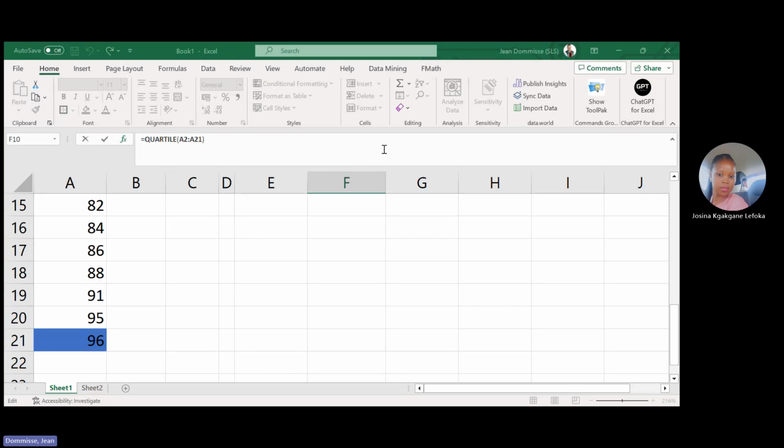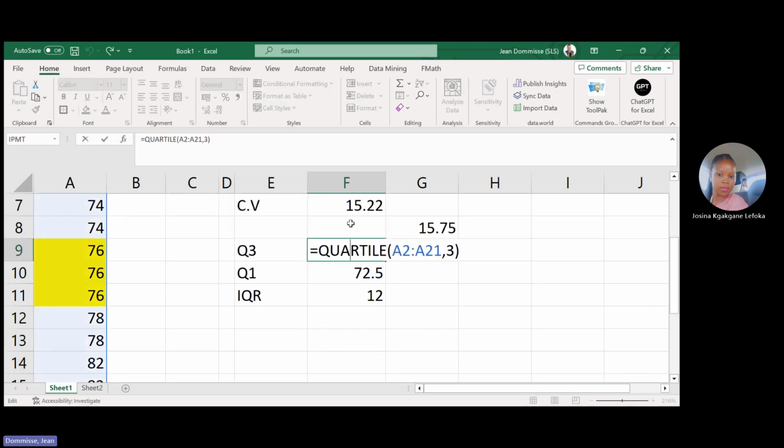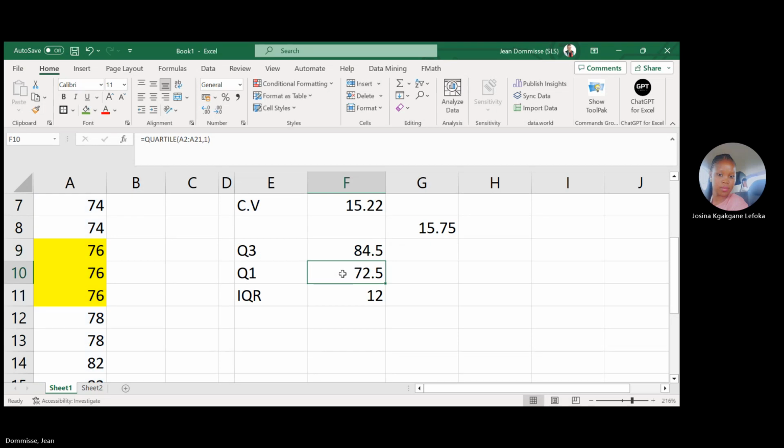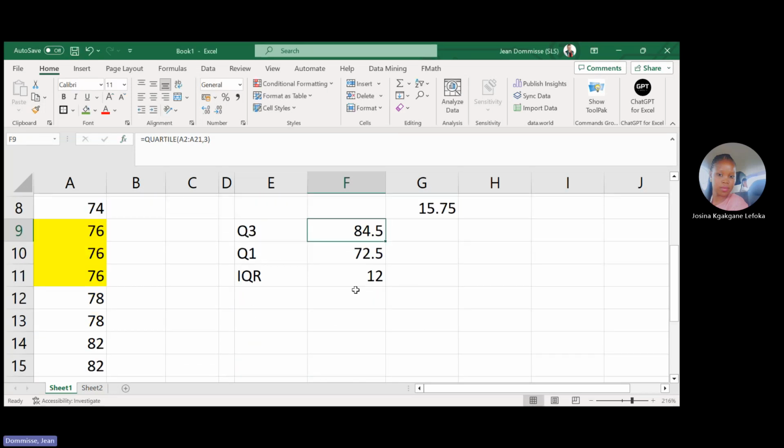I will quickly go back again, as I just want to check this one, quartile 3. Okay, so you can see it's a bit different when we use Excel.